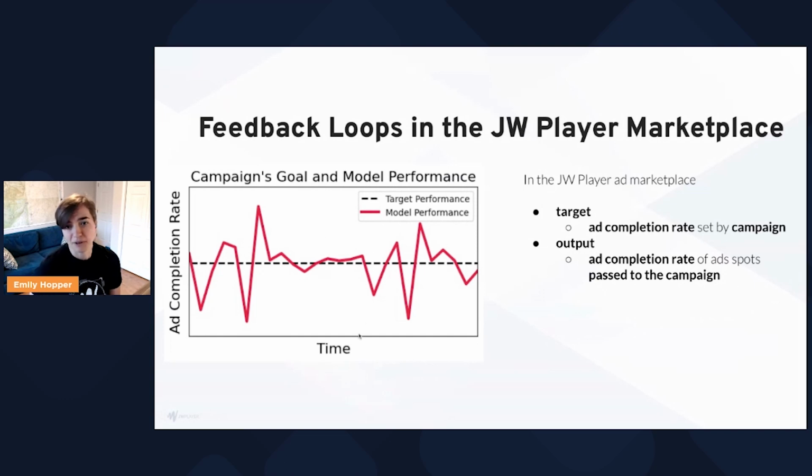This is an example of one of our feedback loops that is in flight. This dashed line here is showing the target performance, the target ad completion rate for a particular ad campaign. And the red line is showing how those ad slots that we passed are performing.